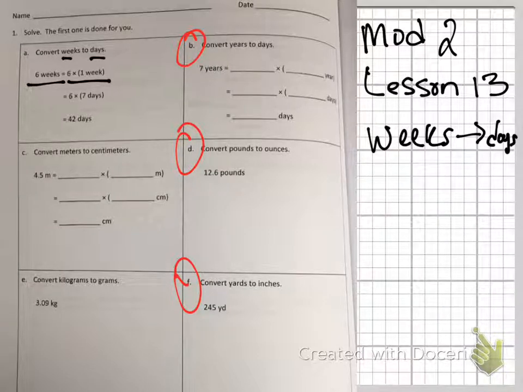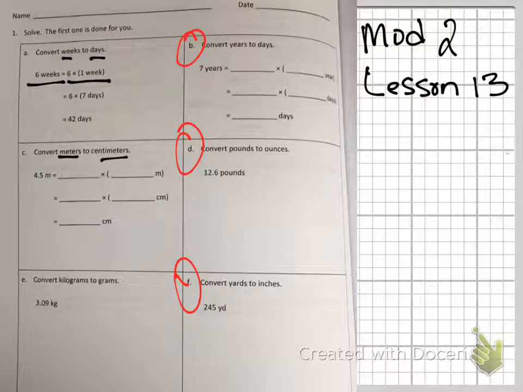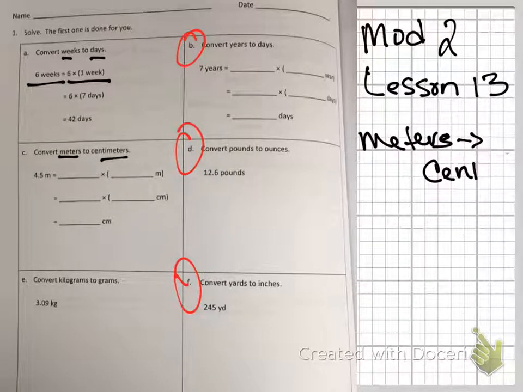So C says we're going to convert meters to centimeters. So I know we're going meters to centimeters, or m to cm. All right, so we know that. Now the question becomes, how many centimeters are in a meter?